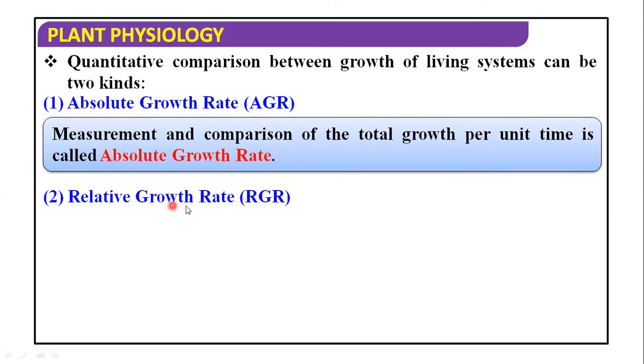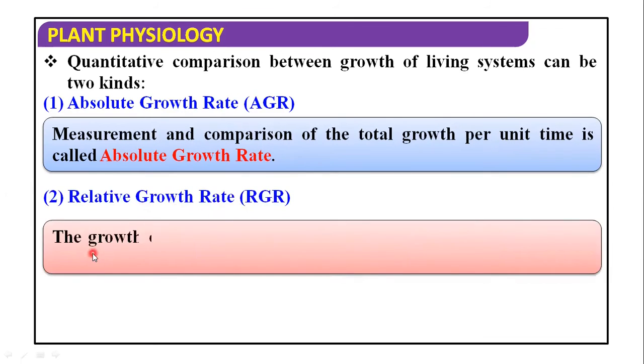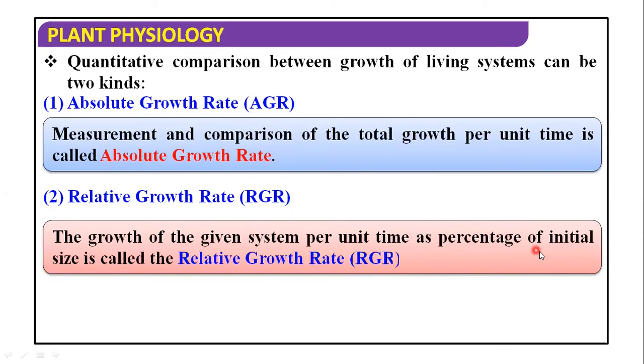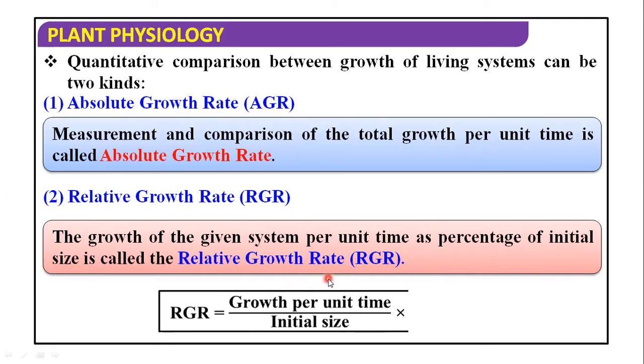And the second one is relative growth rate, which is the growth of a given system per unit time as a percentage of initial size. The formula is relative growth rate equals growth per unit time upon initial size into 100.